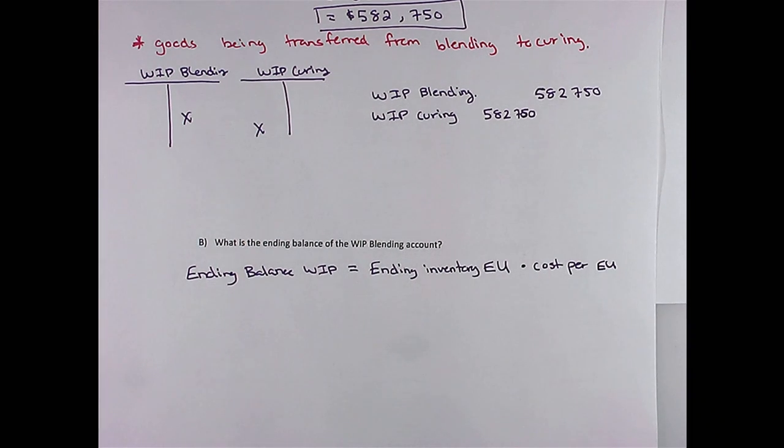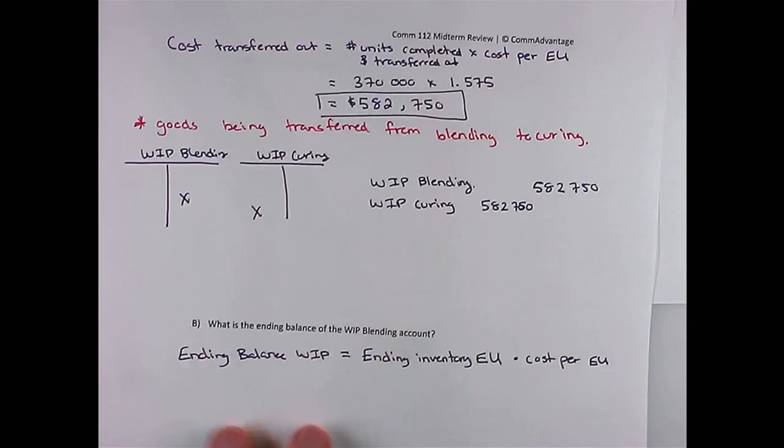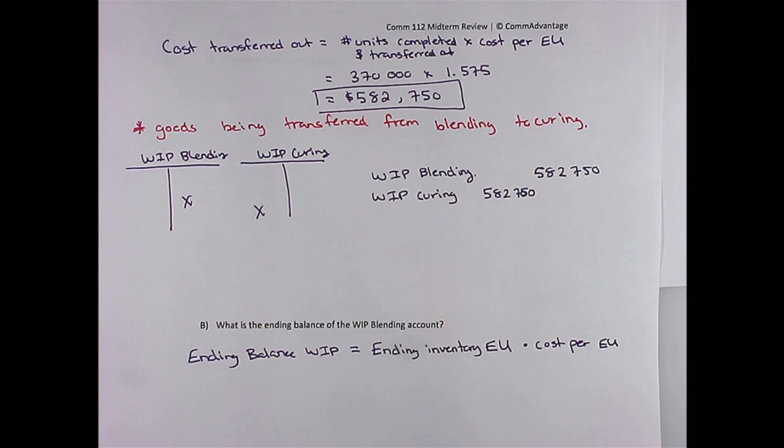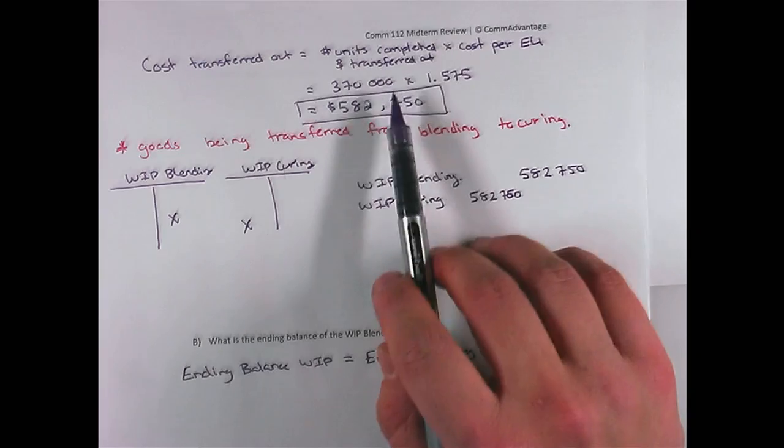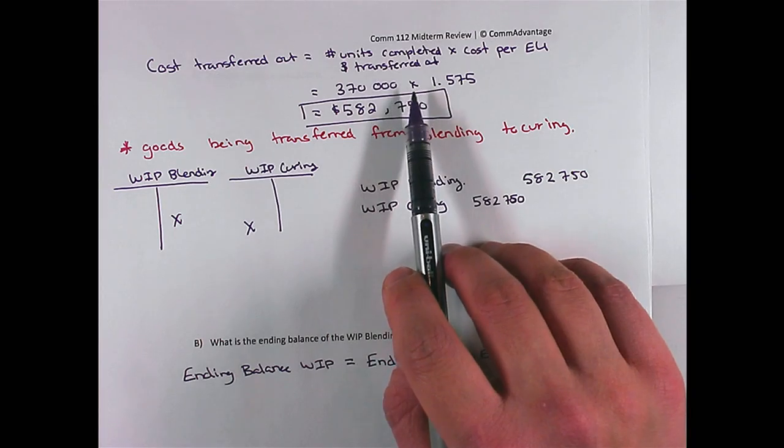But you can't do this work in progress or the ending balance as one thing. So we could do the cost transferred out as one calculation. I didn't have to do the cost transferred out of materials and the cost transferred out of conversion separately, because it was the same number of units completed and transferred out for both, because it was both 370.